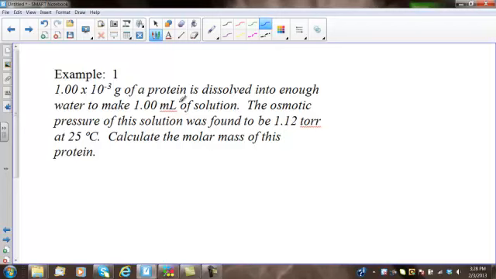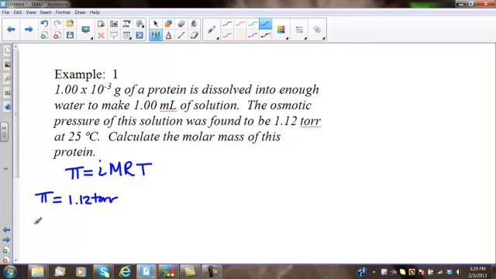Well, first of all, you have to know that proteins are basically made up of amino acids, and amino acids are all basically organic. Therefore, if you're looking at your formula, we know that the osmotic pressure is equal to 1.12 torr.